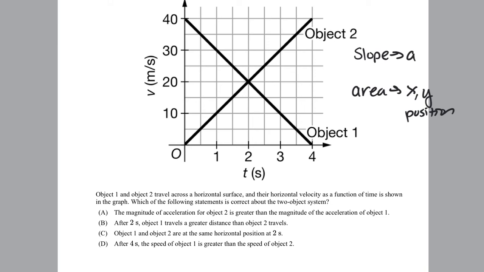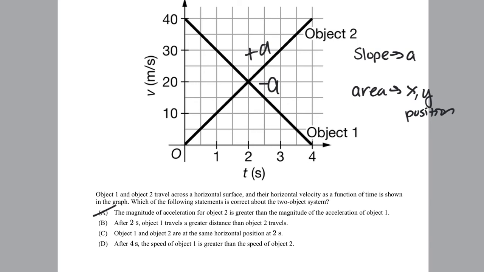Letter A says the magnitude of acceleration for object 2 is greater than the magnitude of acceleration for object 1. If we find the slope of these two lines, we find acceleration. But they have the same magnitude of slope in different directions. Whatever the acceleration is here, it's going to be negative, and then we have a positive acceleration, but it's all the same, so that's incorrect.